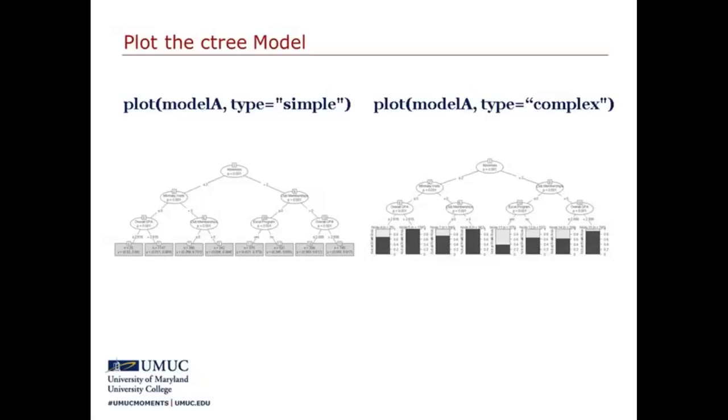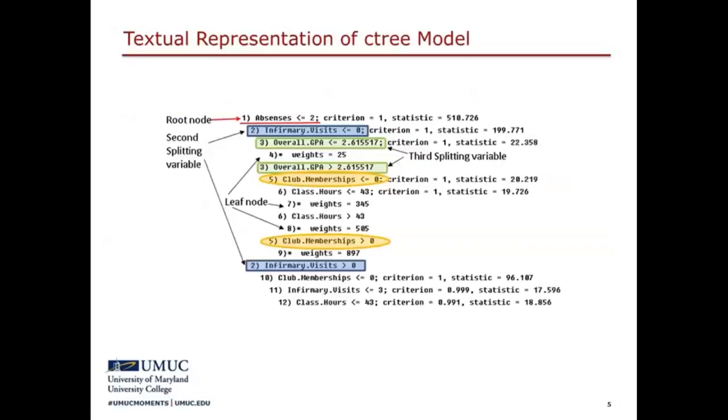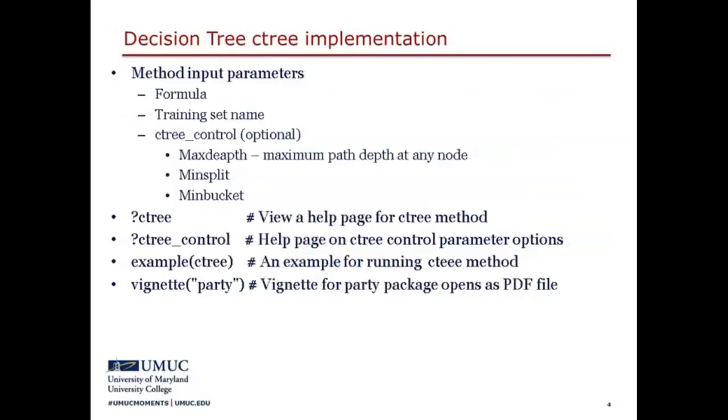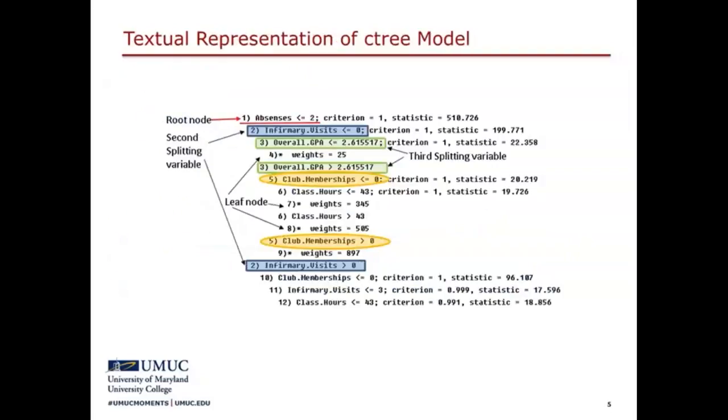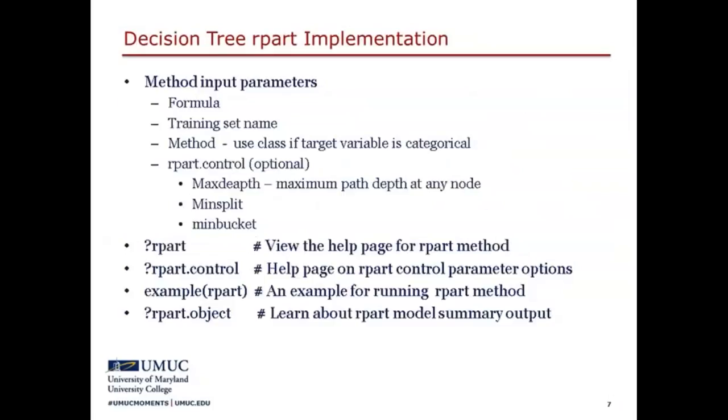So I put this together for you as a summary, and you will have a copy of this page. Here I put the input parameters and the little commands that you can run to get some help. I also put the same thing for the R part.